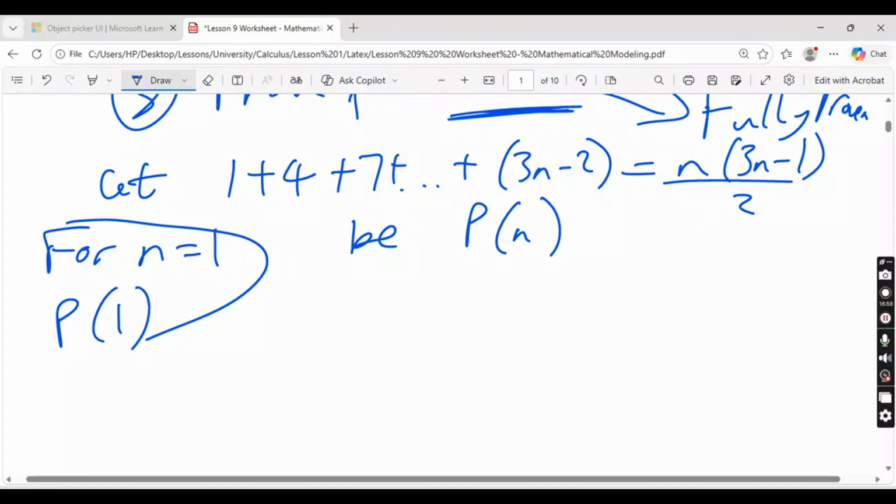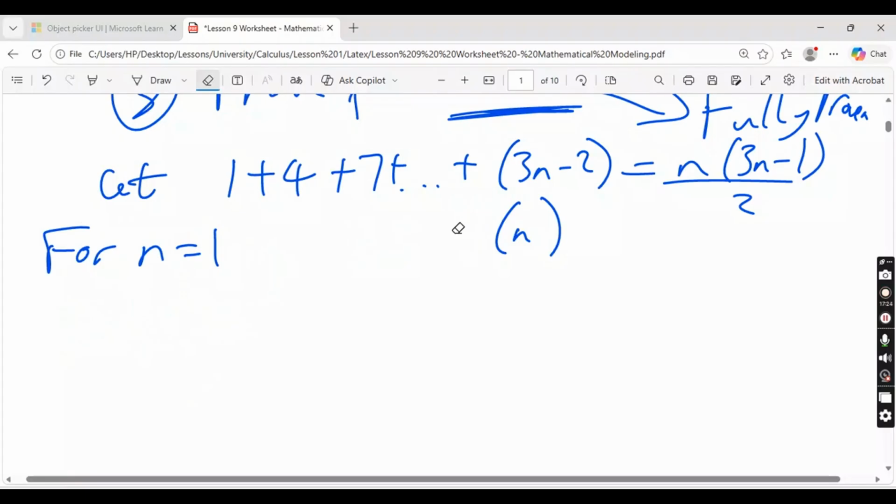That makes sense since we did functions. If we are finding for k, they would write Pk, and for k plus 1, P of k plus 1. You could use any of those, depending on which one you prefer. I would stick with this personally.